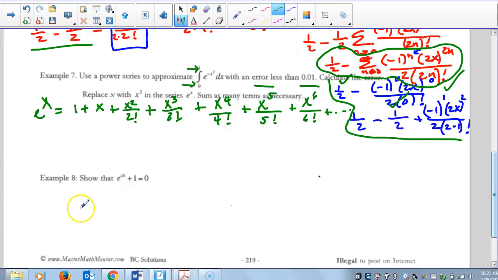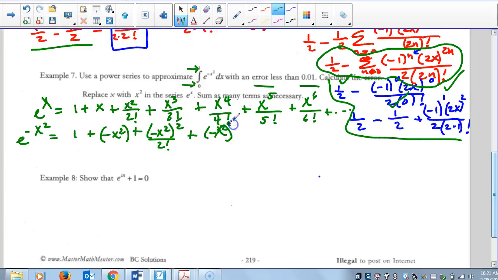And in this case, I'm substituting in -x squared. So here we go. E to the -x squared is 1 plus -x squared plus -x squared squared, got the factorial in the bottom, plus -x squared to the 4th, got the 4 factorial still on the bottom, and -x squared to the 5th over 5 factorial plus -x squared to the 6th over 6 factorial.